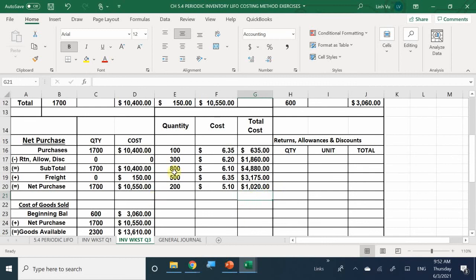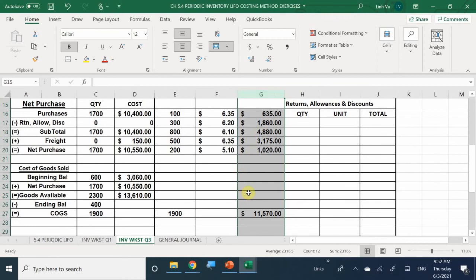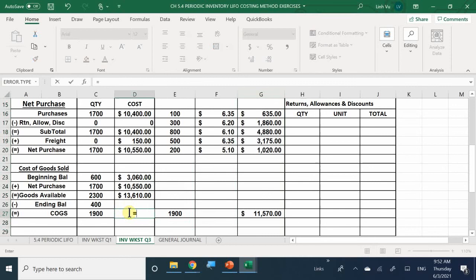All right, so there we have it. We sold a total of 1,900, which cost us a total of $11,570. So let's plug in our number here for the 11,570.